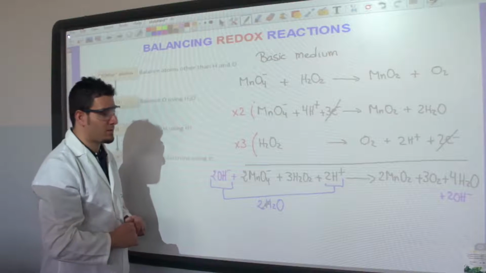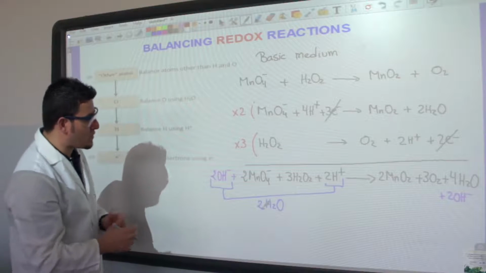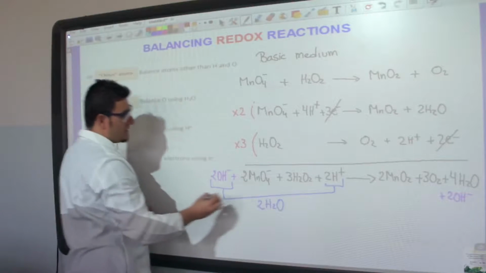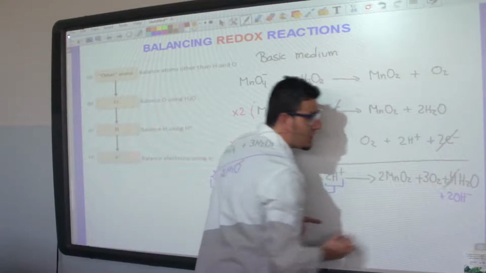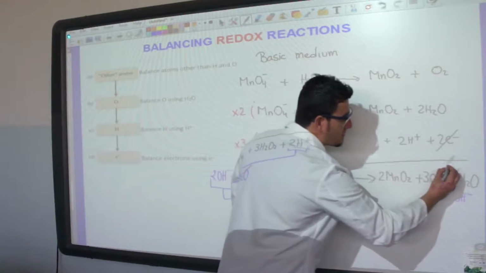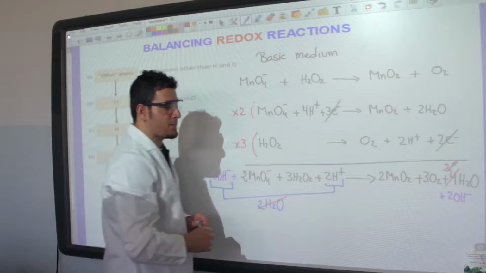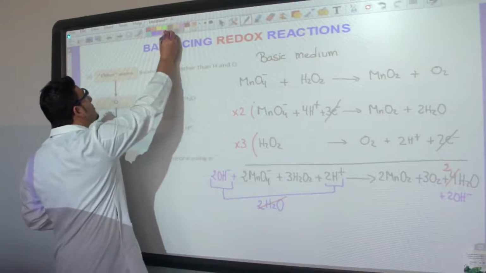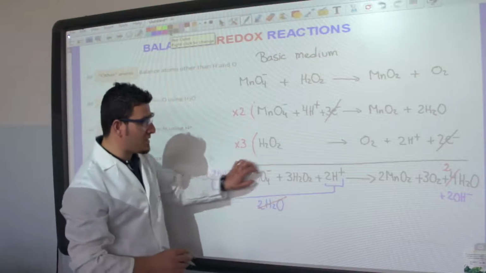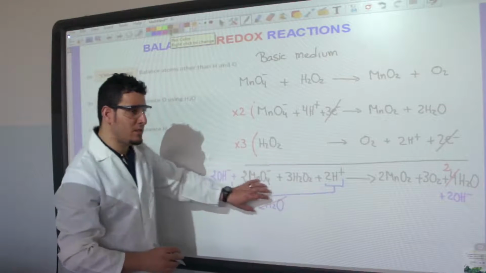Okay? So now how will my reaction change? These 2 water molecules will cancel out with 2 of these 4 water molecules. So all I have to do now is to write again this reaction after these changes.